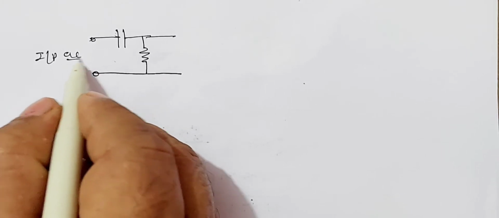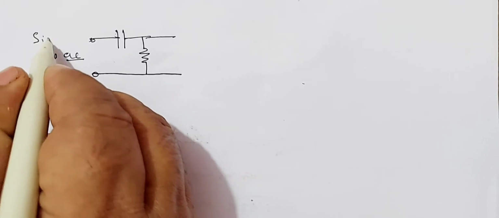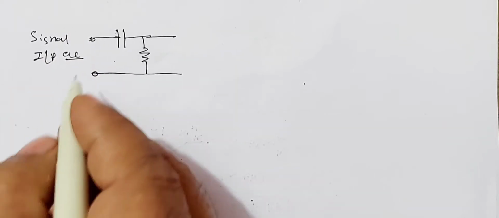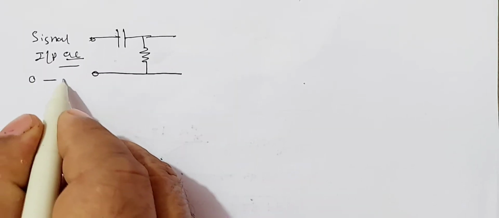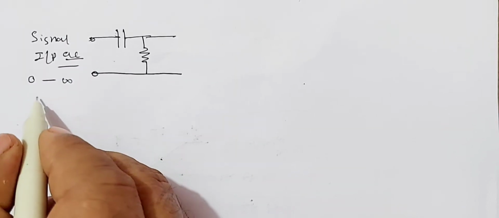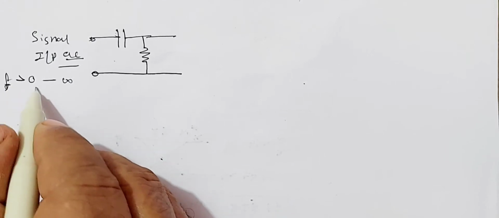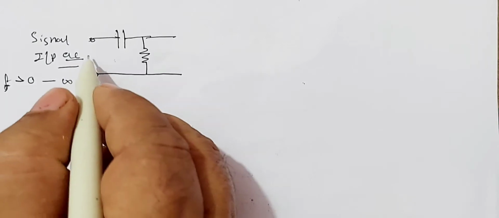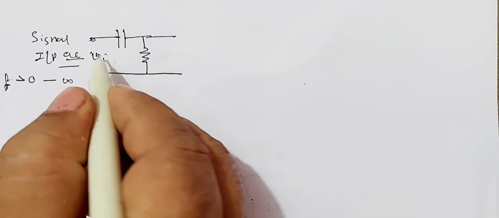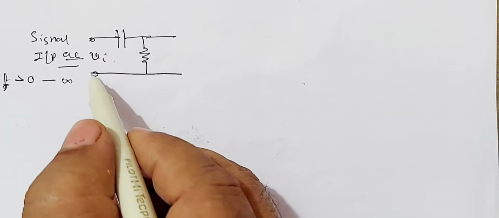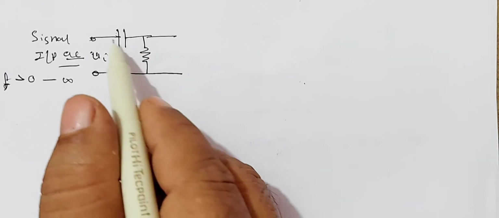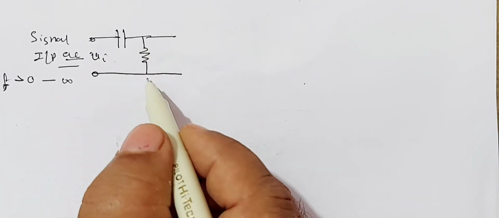Since it is AC voltage, it is also called signal voltage. It is having frequency from 0 to infinity, where frequency F changes from 0 to infinity. Let Vi be the input voltage. This input AC voltage passes through the capacitor in series, resistor in parallel.